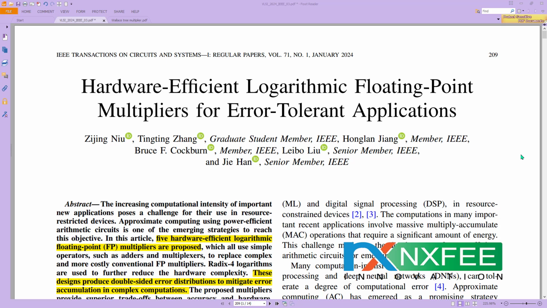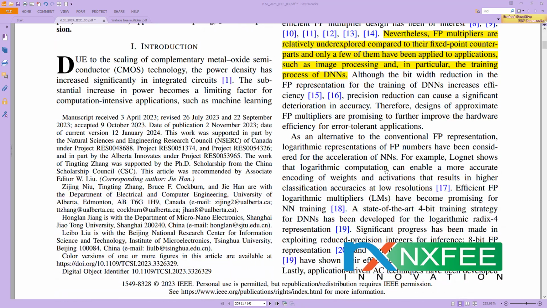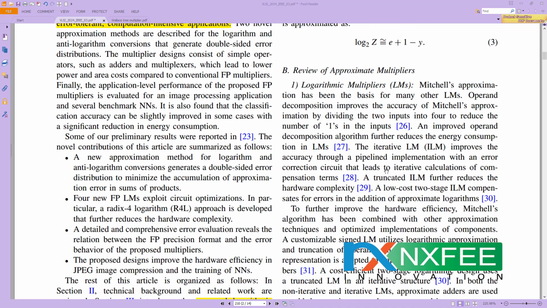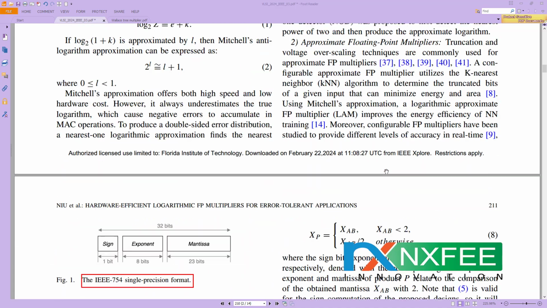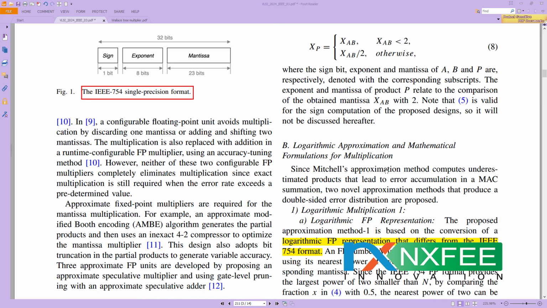This paper is fully about the floating point multiplier for error tolerant applications. It is a single precision floating point multiplier with a double strided error distribution architecture. Here we have developed three different architectures of logarithmic multiplication, but they do not use a normal multiplier for the mantissa.